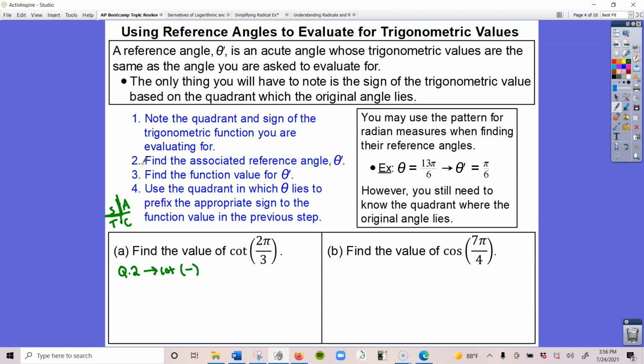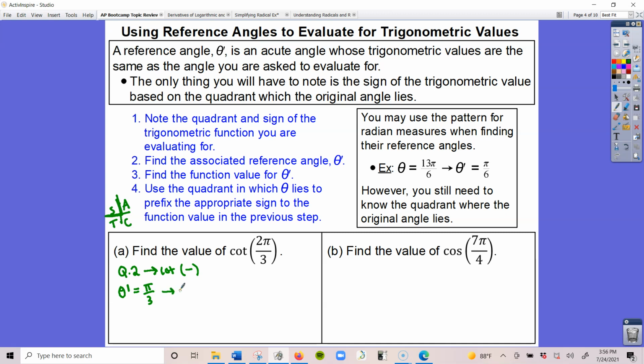Now, the second step is to find the associated reference angle, which we denote as theta prime. So this is my reference angle, which is pi over, and then the denominator, 3. So now we've finished step 2. Now, step 3 is to find the function value for theta prime.